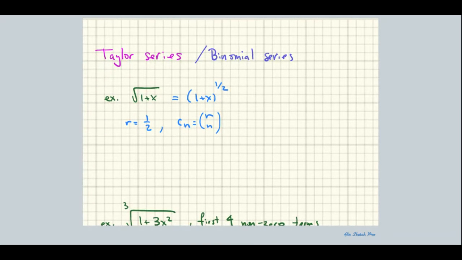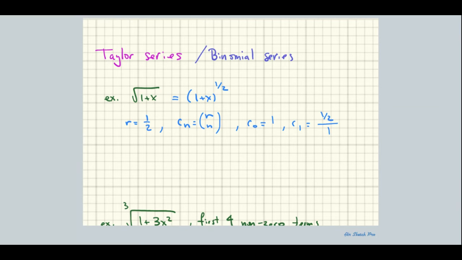Okay, so let's find c sub 0. C sub 0 is just 1 always. C sub 1 has one factor, 1/2 up top, one factor on the bottom.